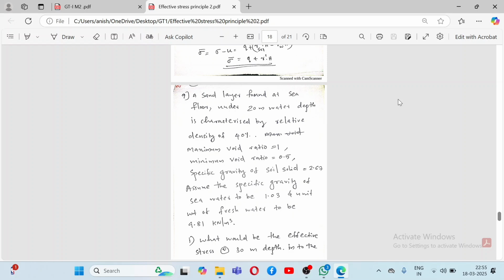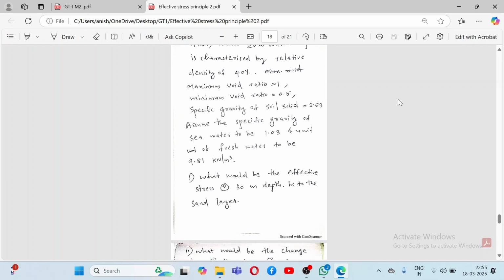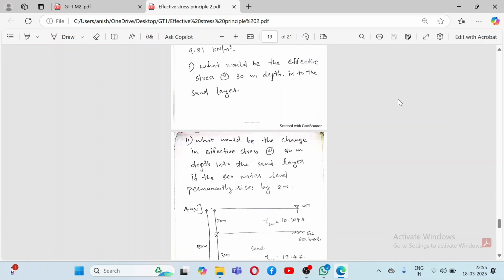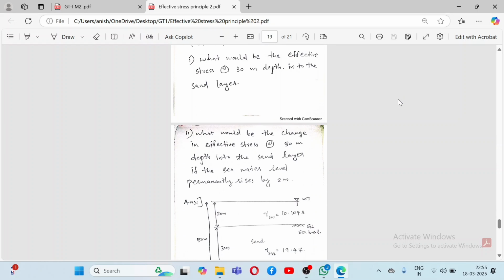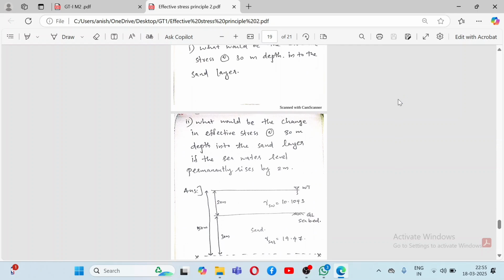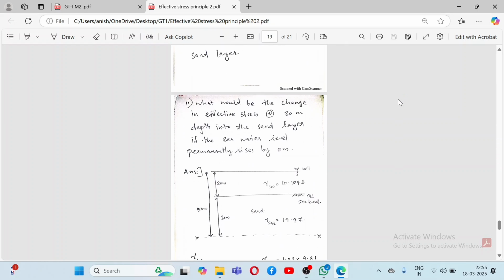Assume the specific gravity of sea water to be 1.03 and unit weight of fresh water to be 9.81 kilonewton per meter cube. So what would be the effective stress at 30-meter depth into the sand layer? Now what would be the change in effective stress at 30-meter depth into the sand layer if the sea water level permanently rises by 2 meters?